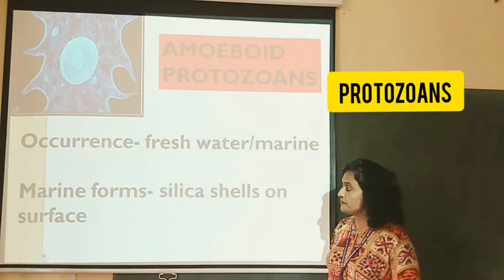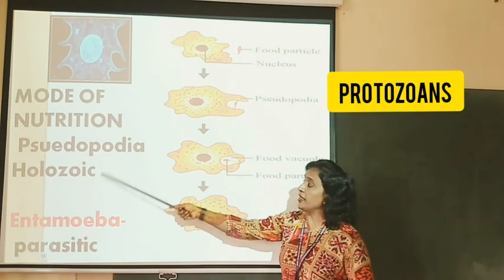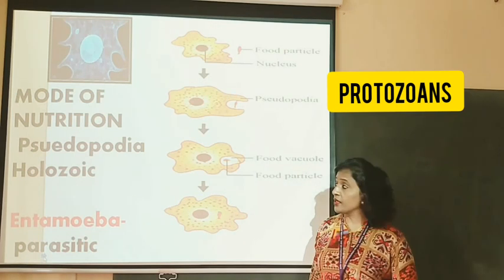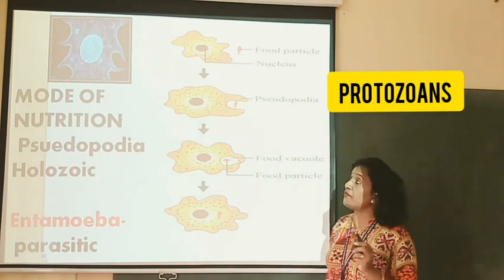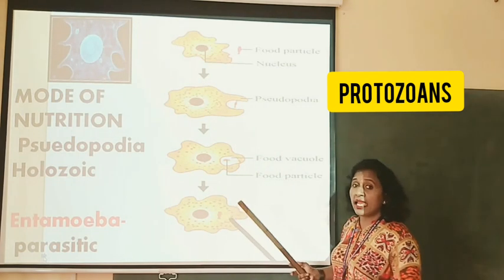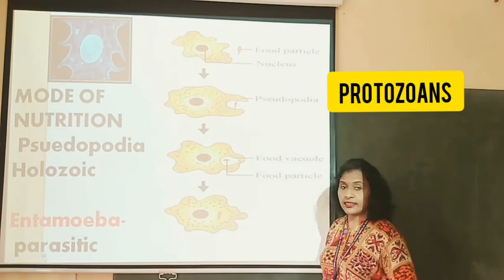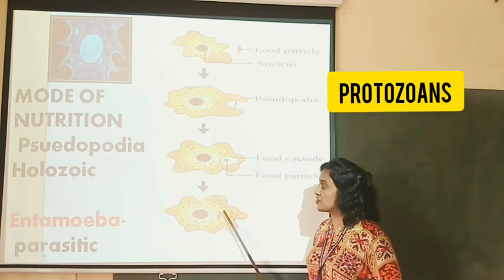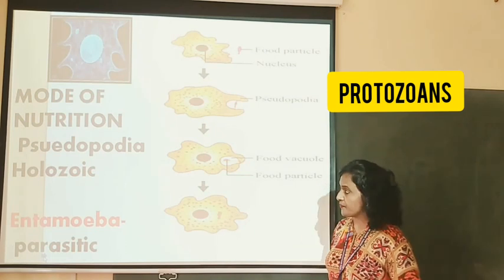The mode of nutrition will be the holozoic type, wherein the pseudopodia or false feet play a very important role. These pseudopodia will help in engulfing the solid food material inside them, and the digestion of this material will take place within their body.